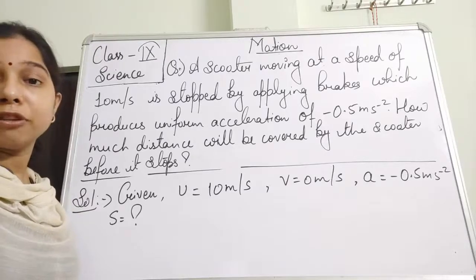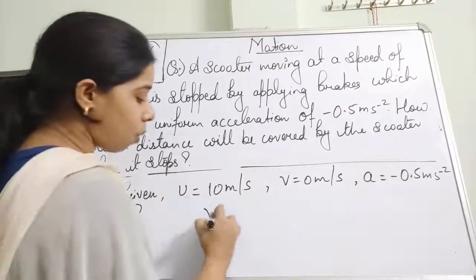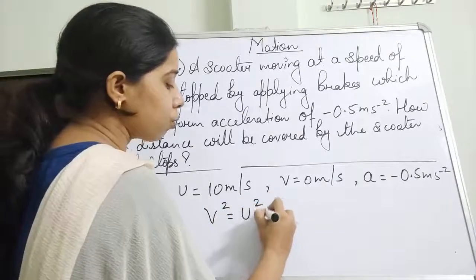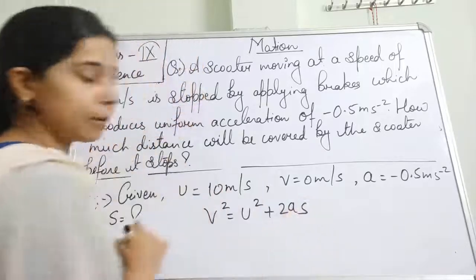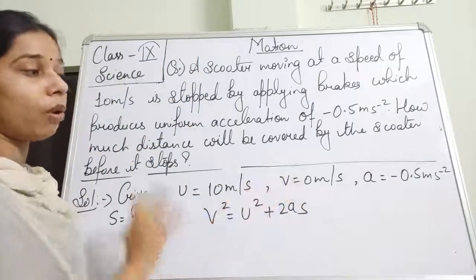That's why we will prefer the third equation of motion, V square is equals to U square plus 2AS. You can see here only S is not given, while all the other values are given.